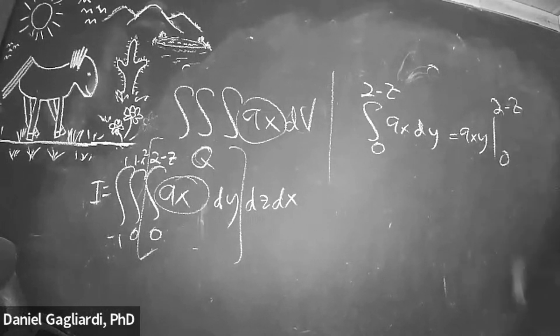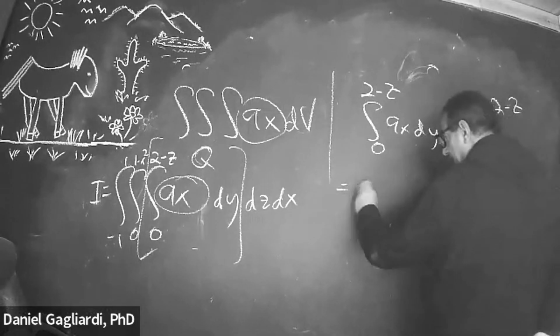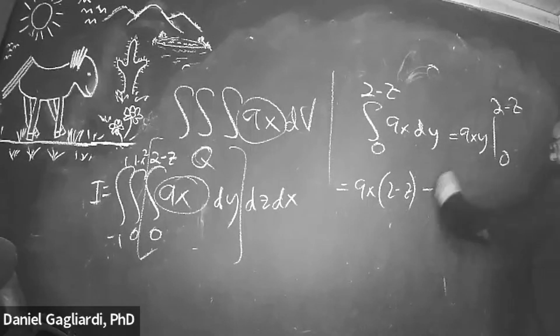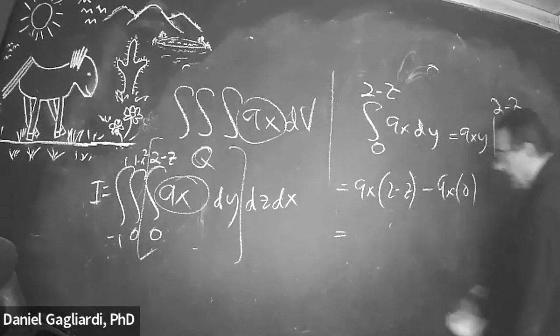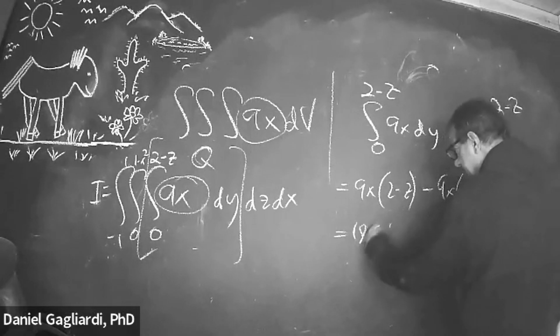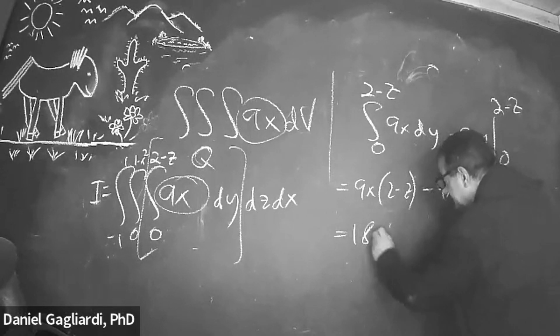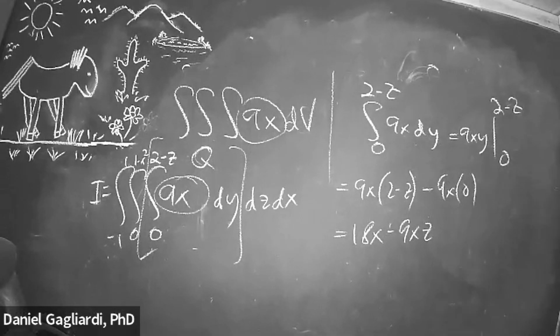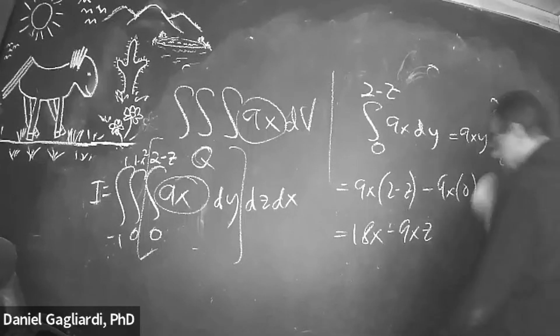Plugging in 2 minus z, we get 9x times 2 minus z minus 9x times 0, which is 0, of course. So we get 18x minus 9xz, and that was the inside integral. Let's remember that, 18x minus 9xz.